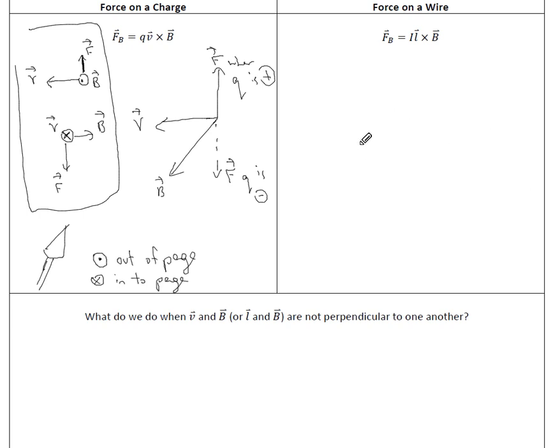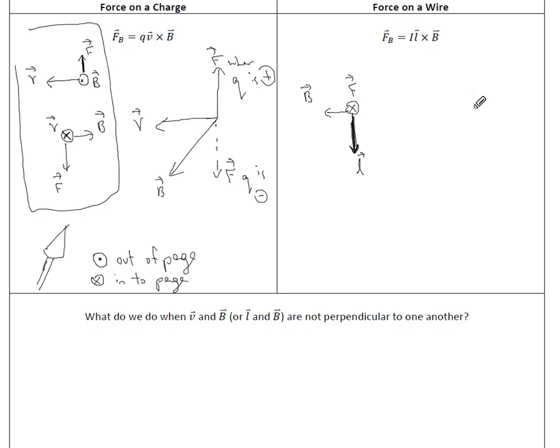For some wire examples, same idea. Let's say we had L pointing downwards, so the wire is traveling downwards and the current is traveling through that wire. And the B field is to the left. Okay, our index finger lines up with the wire, middle finger is B, and we see our force is going to be into the page as a result.